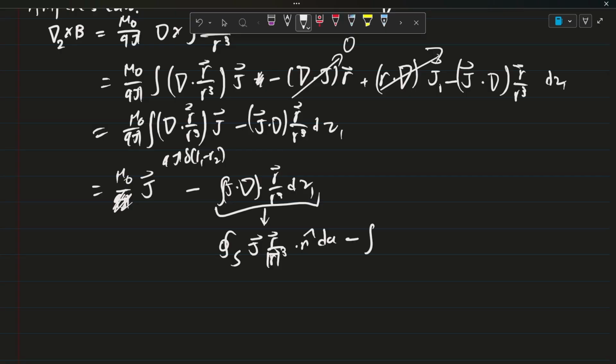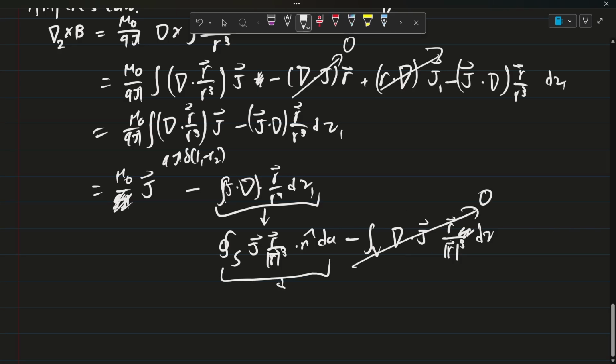Subtract this by the integral over the volume of the divergence of j vector times r vector over the length of r vector cubed, like so, dv. And the divergence of j, we know this to be 0. Also, for this one, because our j vector is bounded within the universe, at the surface there shouldn't be any current density. Therefore this should also be 0.